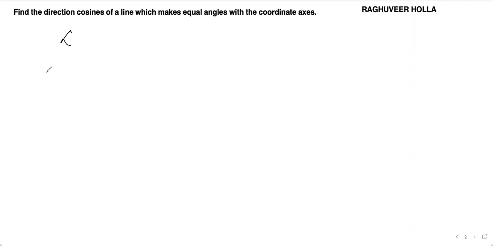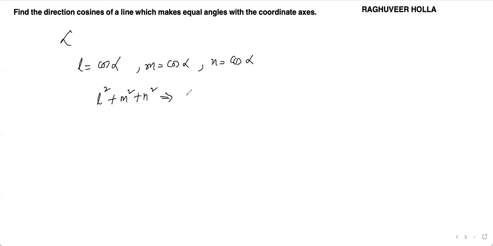Which means L is equal to cos alpha, and M is cos alpha, and N is cos alpha. So we know that L square plus M square plus N square, which implies cos square alpha plus cos square alpha plus cos square alpha.